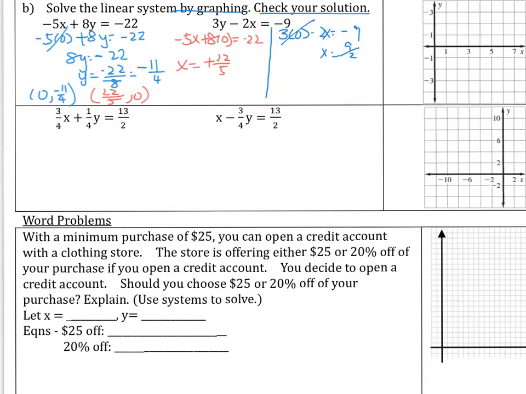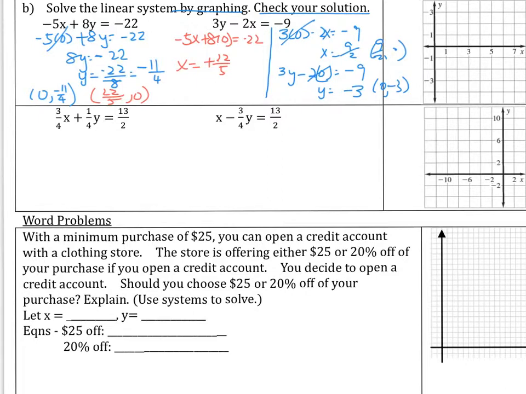And when x is 0, y will be negative 3. So now you have an x-intercept of (9 over 2, 0), and a y-intercept of (0, negative 3).